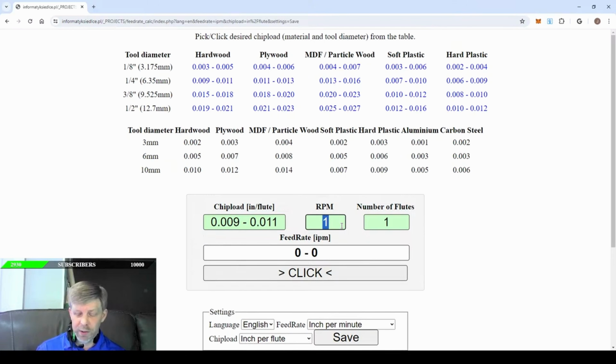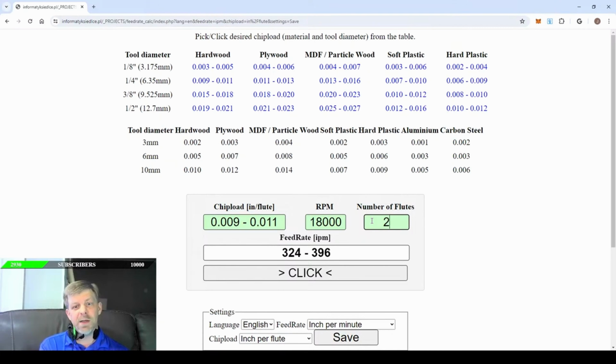So we're going to enter in 18,000. The next thing we'd want to do is enter our flute count, an average 2 flute end mill you cut wood with. And then if we take a look at this chart, we can instantly see that it is calling for a feed rate of 324 to 396 inch per minute.